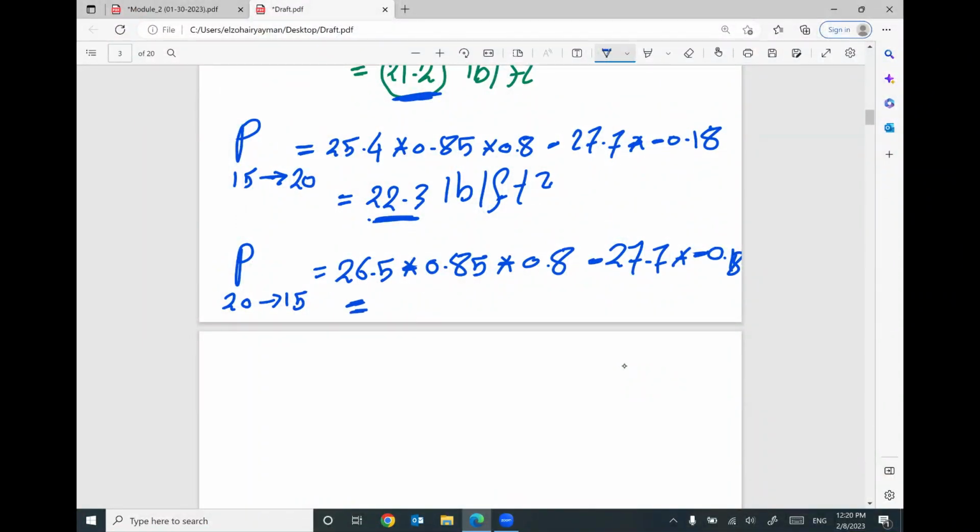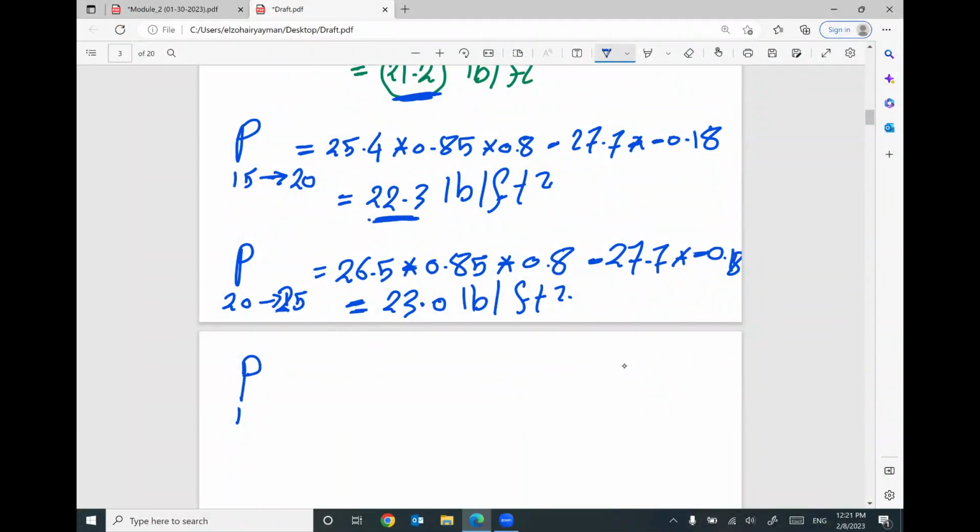This pressure will be 26.5 times 0.85 times 0.8 plus 27.7 times 0.18. I got 23 pounds per square foot.